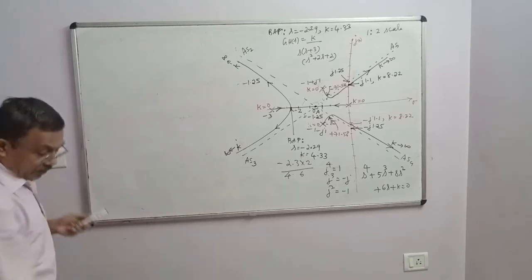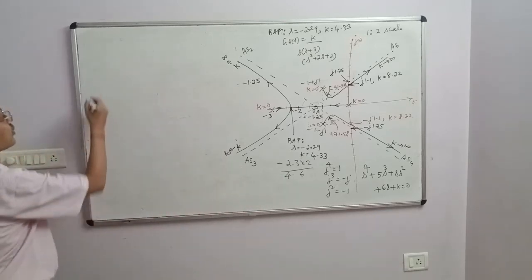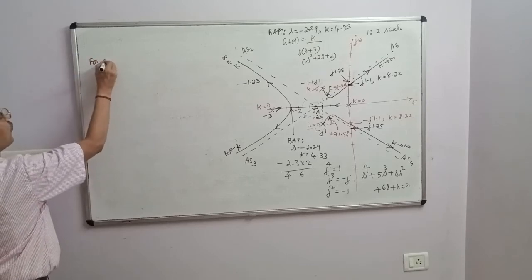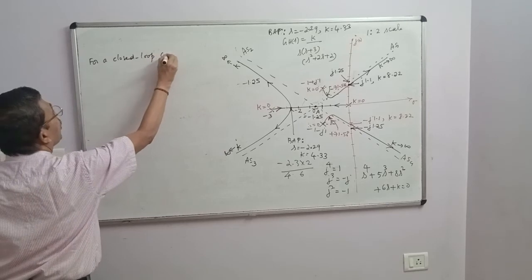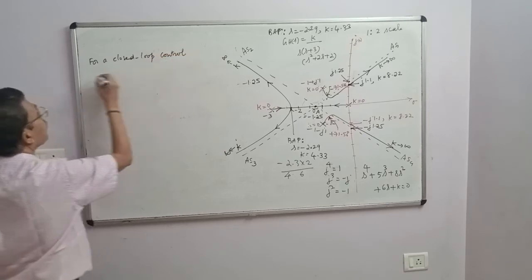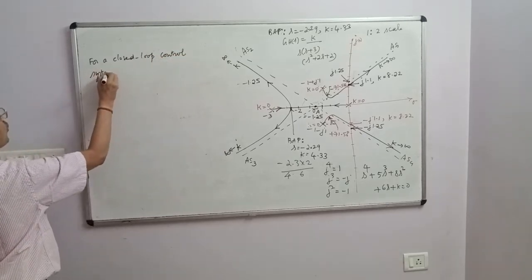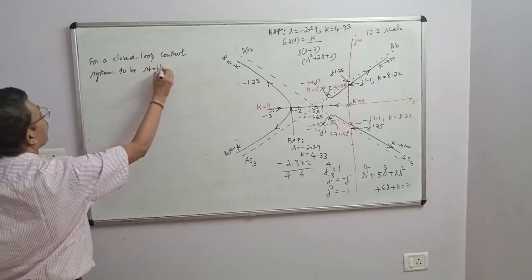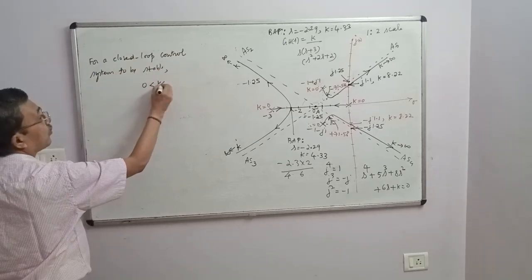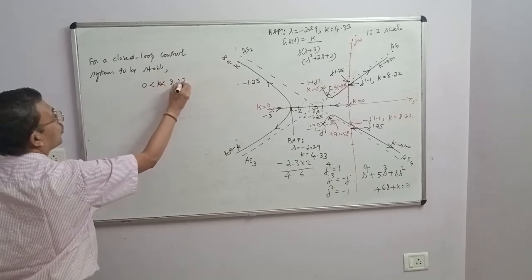I am going to write that. For a closed loop control system to be stable, k should be greater than 0, less than 8.22.